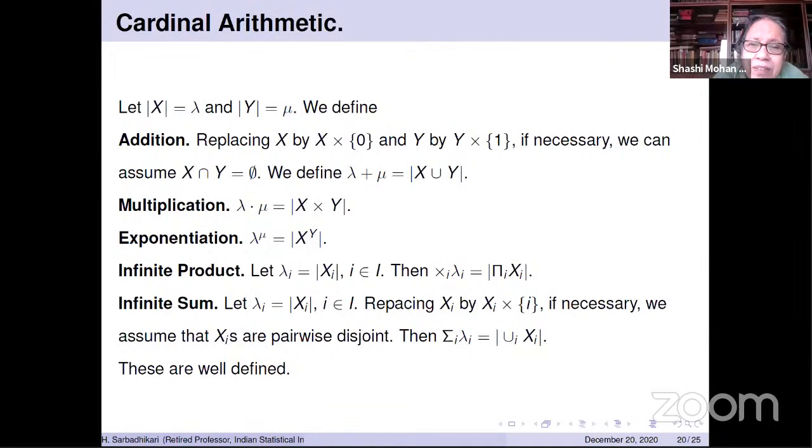If X and X prime have the same cardinality, Y and Y prime have the same cardinality, and X and Y are disjoint, X prime and Y prime are disjoint, then X union Y and X prime union Y prime have the same cardinality. Because you can put together the two bijections, the one from X to X prime, one from Y to Y prime, and get a bijection from X union Y to X prime union Y prime. Similarly with product, similarly with power.